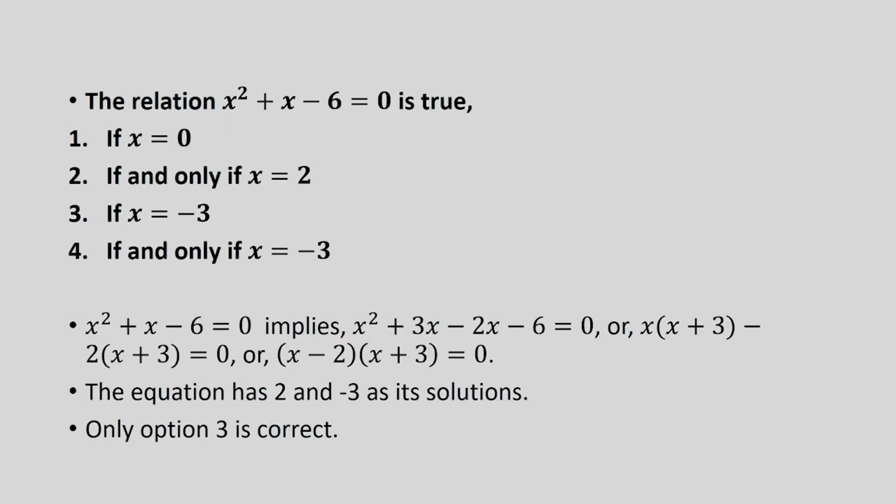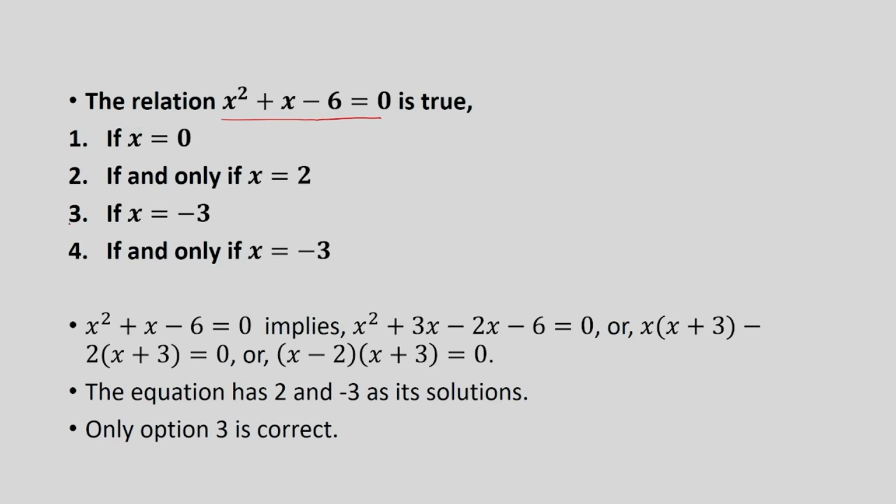Okay, here is a related problem again from mathematical logic. The relation x square plus x minus 6 is equal to 0 is true if x is equal to 0, if and only if x is equal to 2, if x is equal to minus 3, and lastly if and only if x is equal to minus 3.